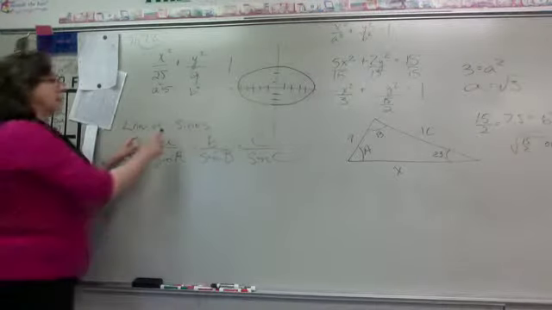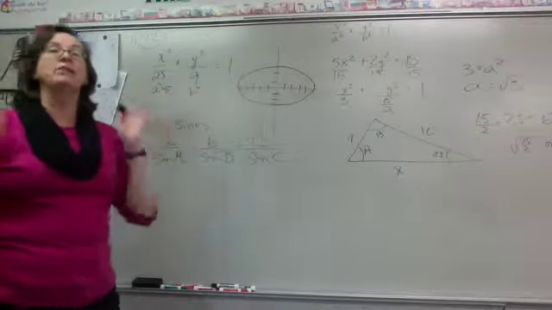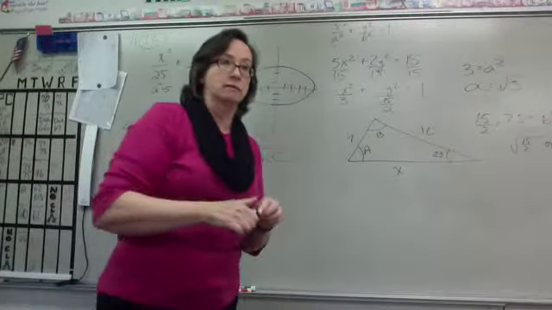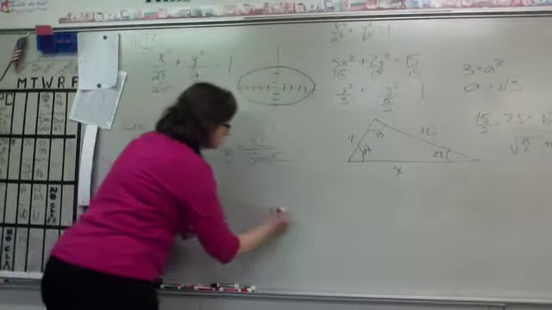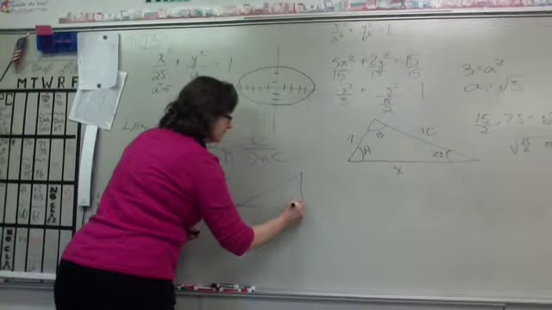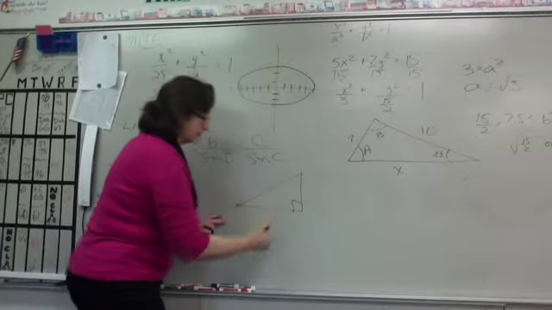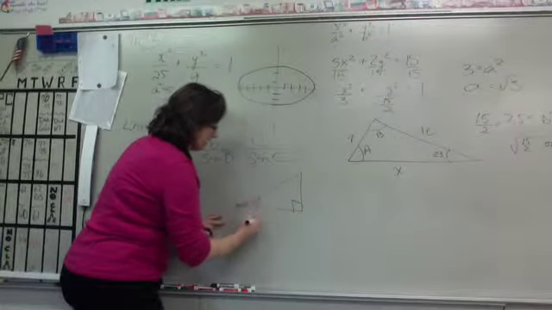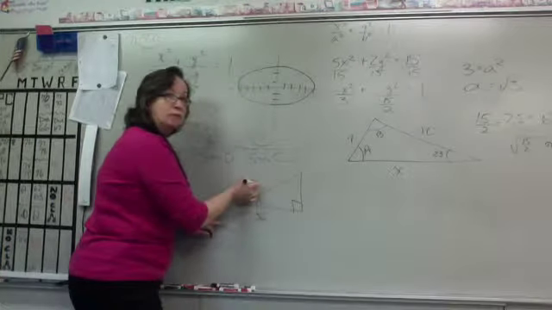So, the law of sines is what we're going to use when we don't have a right triangle. We've always talked about sines, cosines, and tangents with respect to a right triangle, because that's their definition. When we have a right triangle, the sine of A is opposite over hypotenuse.